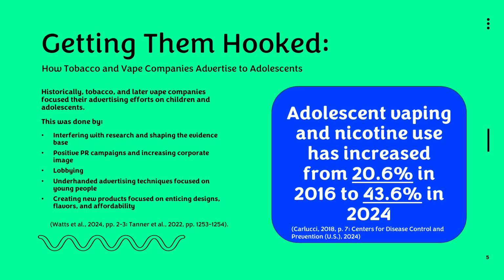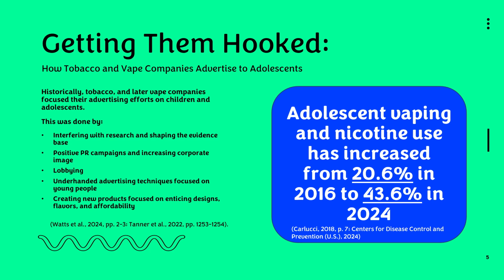One of the things they would do in the early 1900s would be put baseball cards in packs of cigarettes, and a way they would get kids, especially young men, buying more cigarettes was that they would be able to complete a collection of them, things like that. So really underhanded and shady techniques focused on advertising to young people. Vape companies are still doing the same thing. They're just taking that playbook and tweaking it.